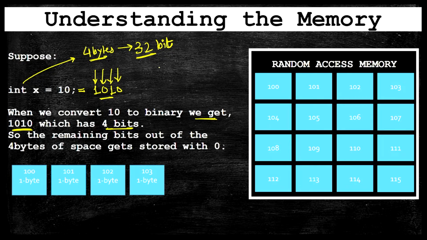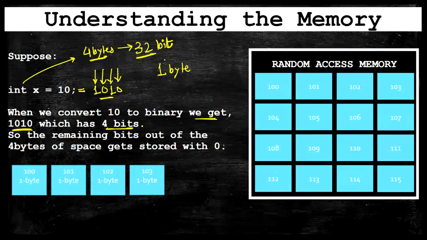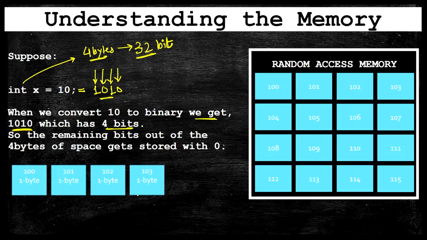And also remember that 1 byte is present in every block of the RAM. This block consists of 1 byte. That means how many bits? 8 bits. Right? This block consists of 8 bits. Similarly, this block also consists of 8 bits, and this one also consists of 8 bits.